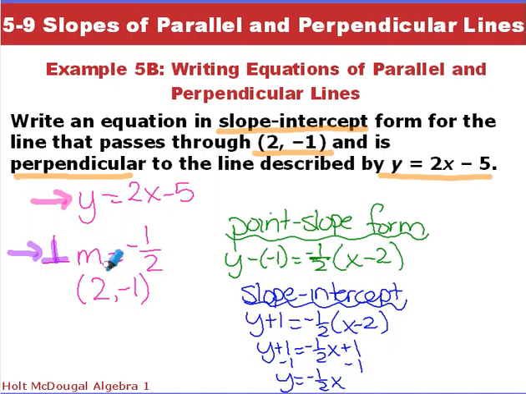We have our point ready to plug into point-slope form. So our y coordinate, -1, goes here, our slope is here, and our x coordinate of 2 is there. But again, we want to write it in slope-intercept form. So we get y plus 1 equals -1/2 times x minus 2. Solving for y, distribute the -1/2, add -1 to both sides, and we get y equals -1/2 x.